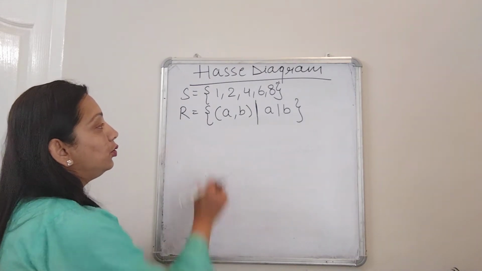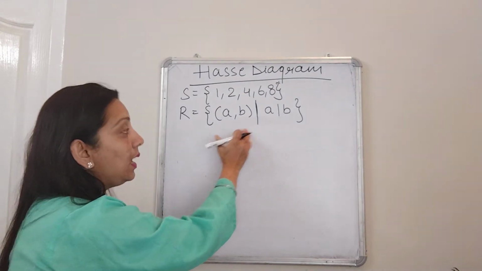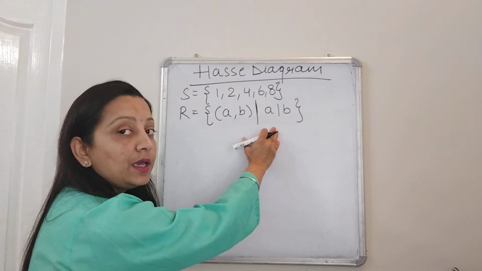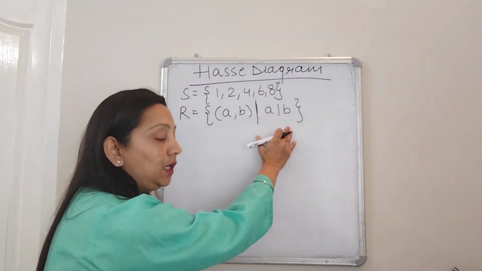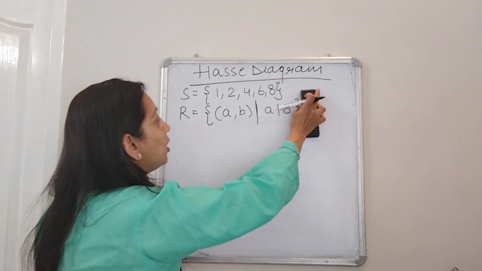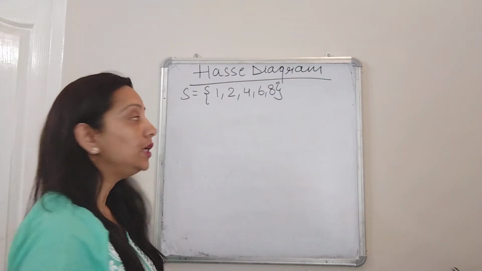So what all elements as ordered pairs will we have in this relation?